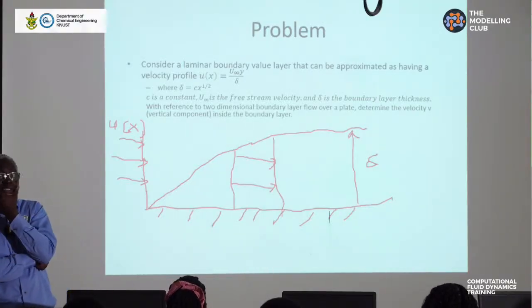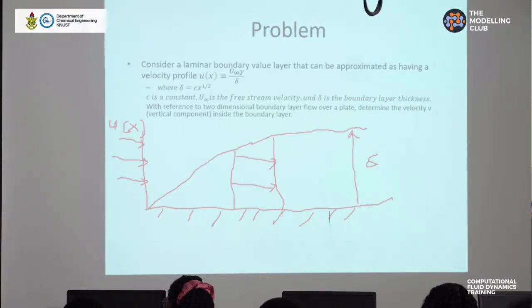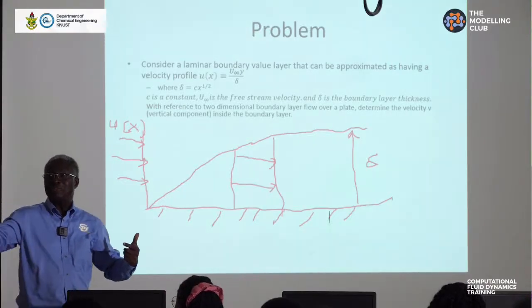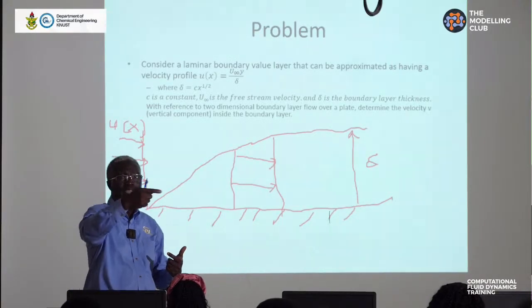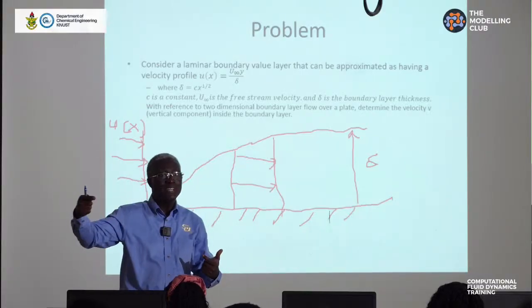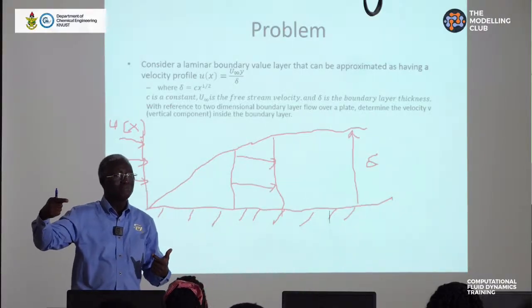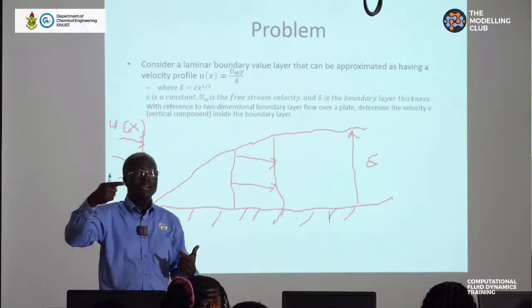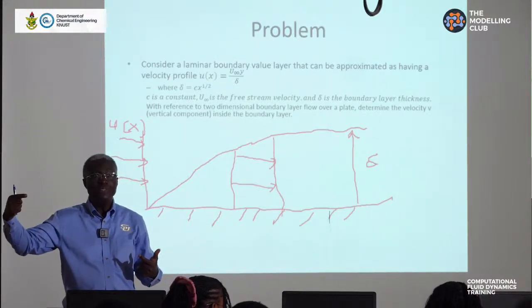What have we learned today that can help us find it? Now we move to the third row. What conservation equation can you use?